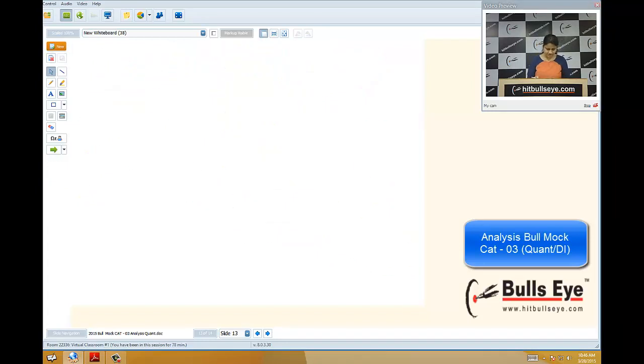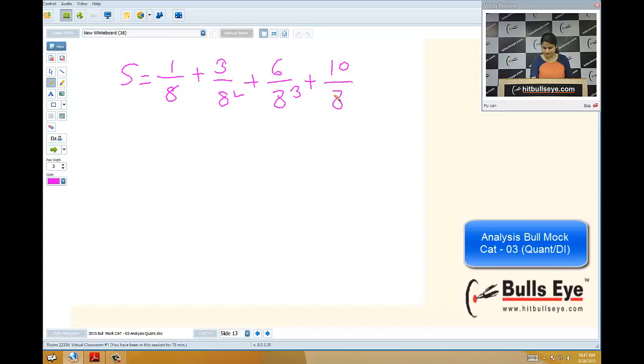What was your question? It says 1 by 8 plus 3 by 8 square plus 6 by 8 cube, 10 by 8 raised to power 4, and so on. I'll apply the same thing now. What is the common ratio here? 1 by 8.